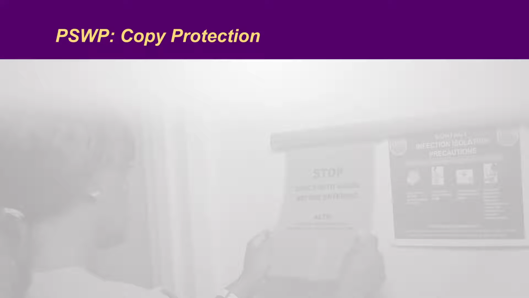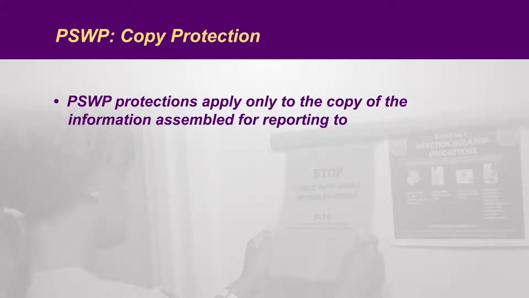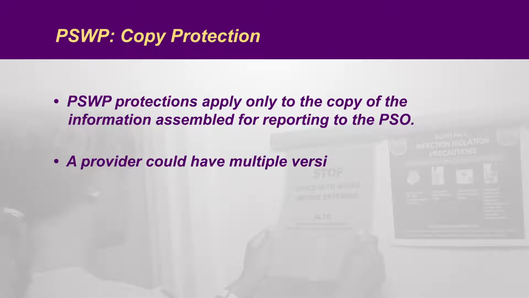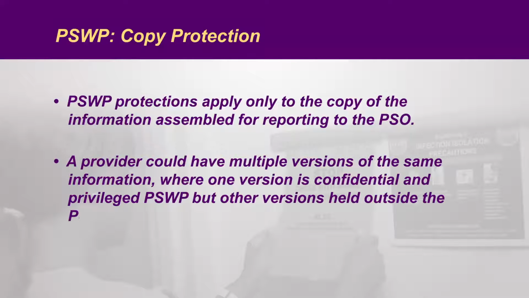In these situations, PSWP protections apply only to the copy of the information assembled for reporting to the PSO. Therefore, a provider could have multiple versions of the same information where one version of the information is confidential and privileged PSWP, but other versions held outside the PSES are not.